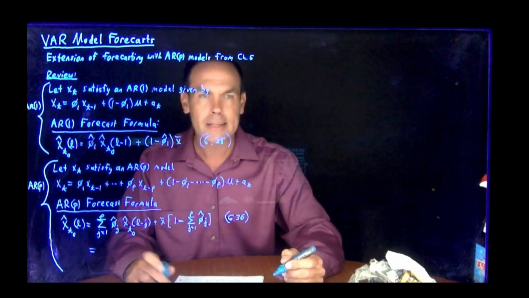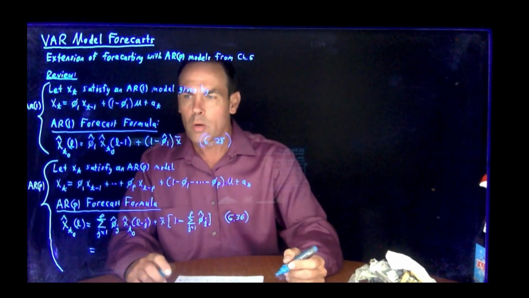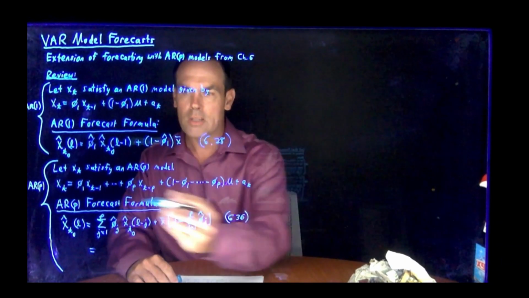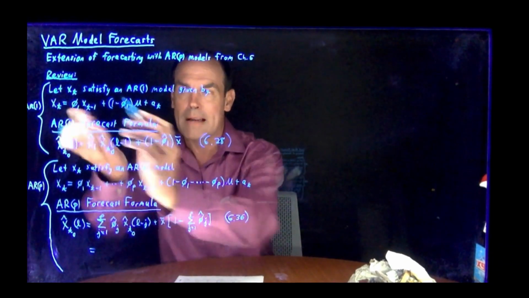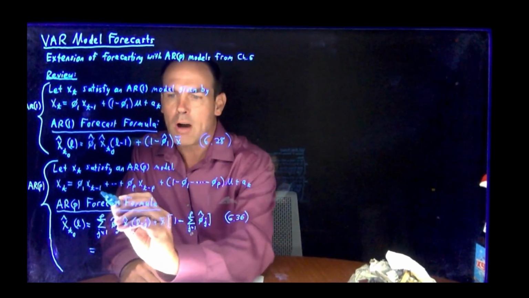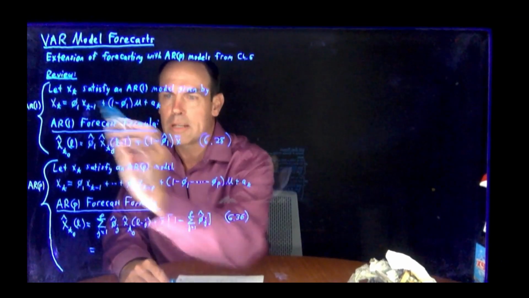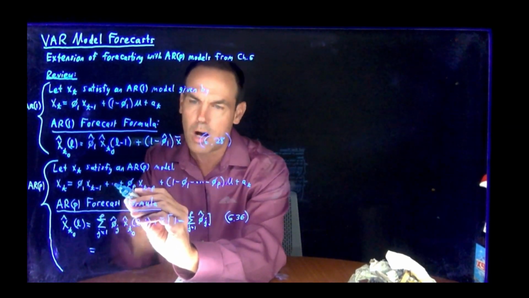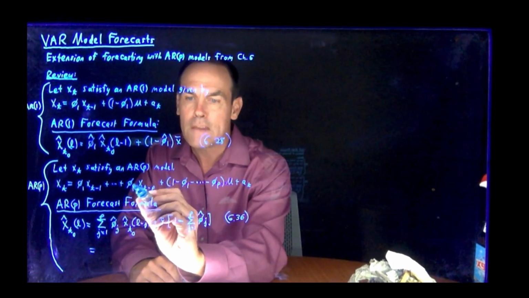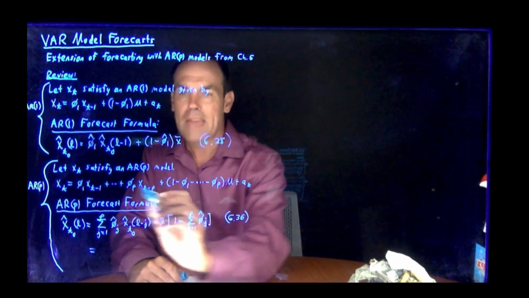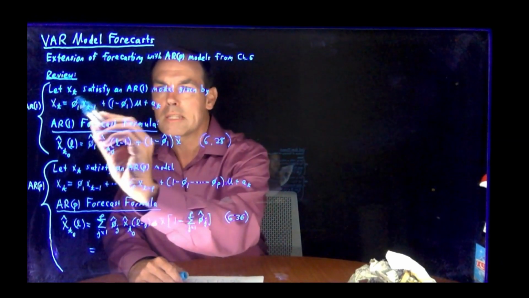Okay, let's now extend that to the AR(p). Recall that X_t is called an AR(p) if it can be written in this form. And really, again, let's look back up at our AR(1) and take it out to p. So we'll have phi1 times x_t minus 1, just as we did above, plus phi2 x_t minus 2, and so on until you get out to phi p times x sub t minus p.